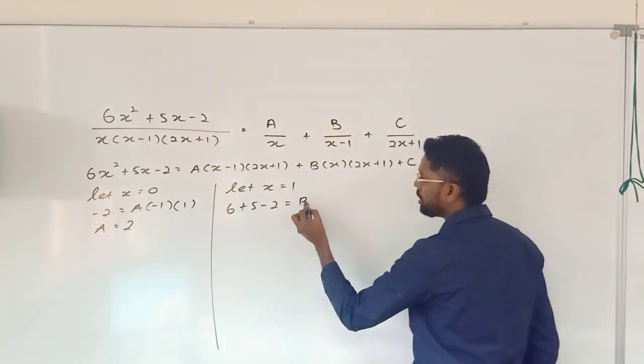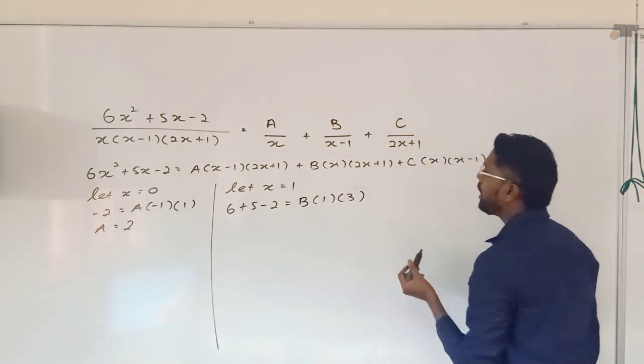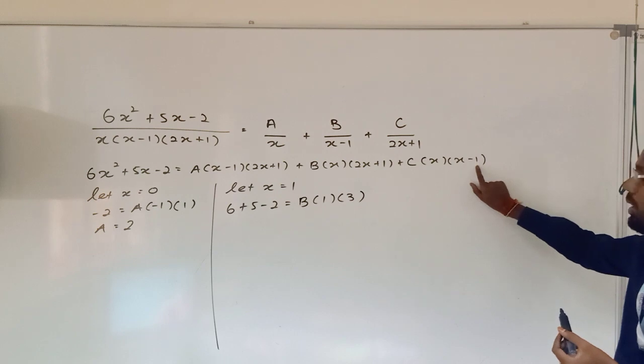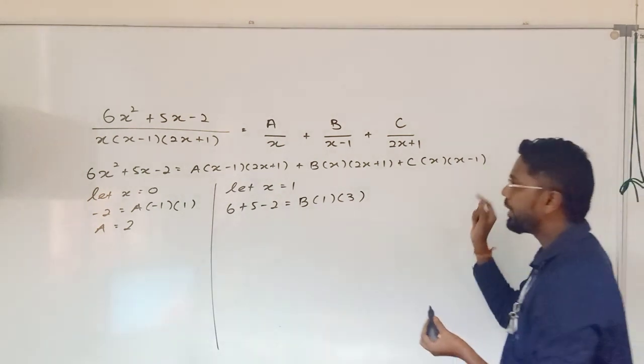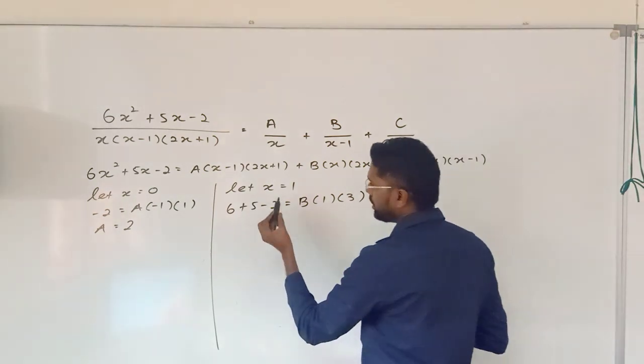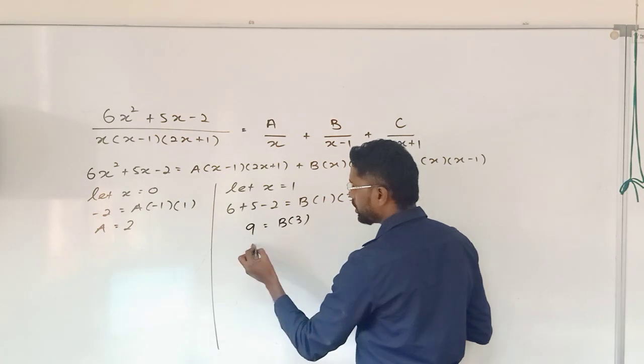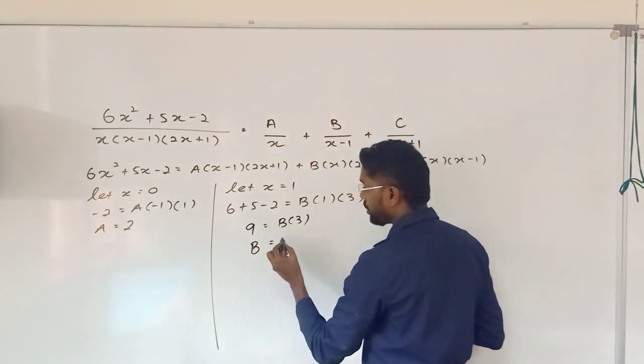For b, 1 times 2 plus 1 is 3. And for c, 1 minus 1 is 0, so we ignore that. So it's going to be 9 equivalent to 3b. So b is equivalent to 3.